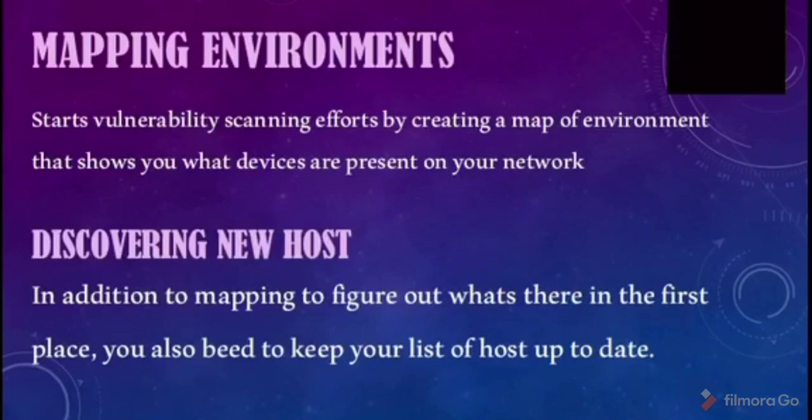This often involves placing a device at network choke points, such as routers or switches, to snoop on the traffic floating through your infrastructure. In this way, you'll automatically discover devices as they talk on the network and can automatically add them to your list of hosts to scan.